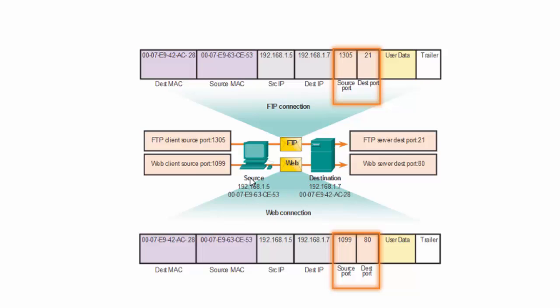And if we assume that the source and destination are on the same local area network, in that case we use the same destination MAC address and source address on both communications. So the destination MAC address and IP addresses are the same, as we can see. However, to distinguish between the different application communications, between the FTP client and server and the web client and server, we use the source port and the destination port.